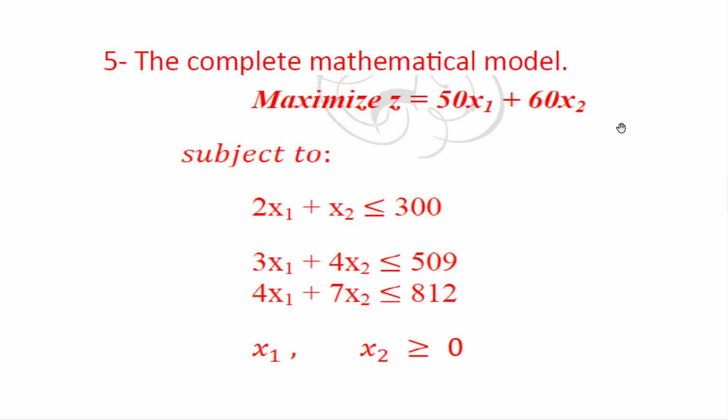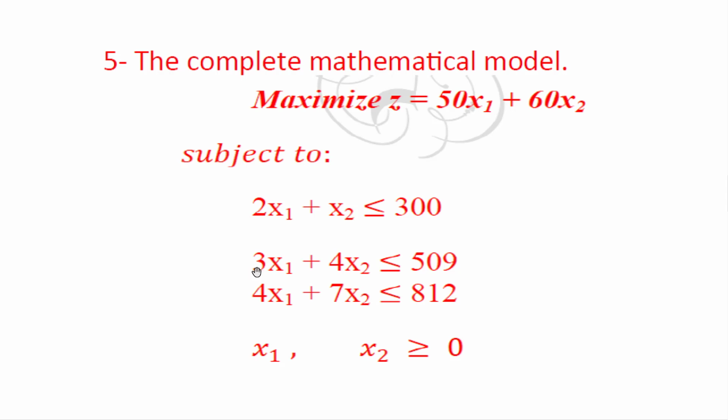Last step, step 5, we write again all the previous. Maximize z = 50x1 plus 60x2 subject to 2x1 plus x2 less than or equal to 300, the first constraint.